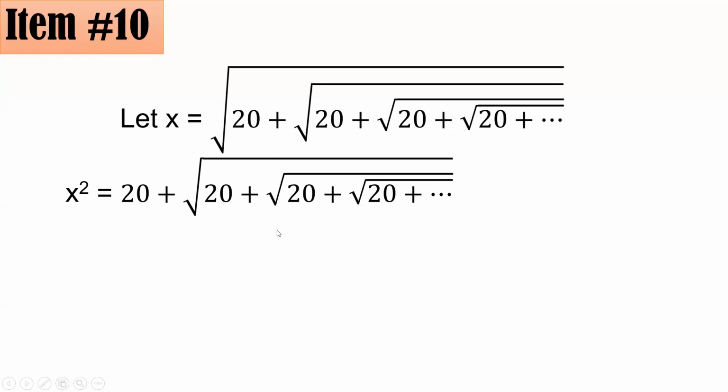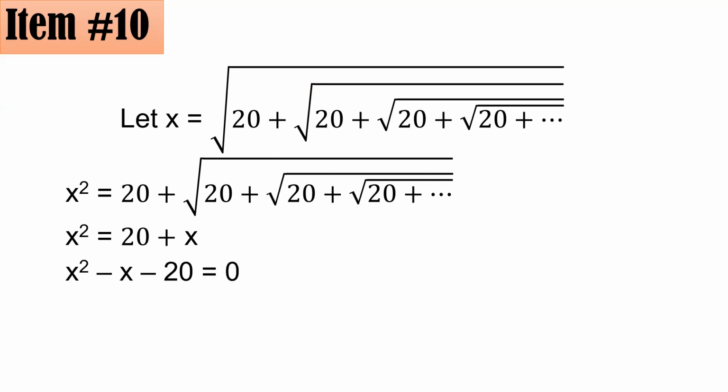Do you agree na x ba ito? Remember, baka nakikita nyo tatlo lang ito, but no, this is infinite po. That's why this radical here, after the plus, is actually x. That's why this becomes x squared equals 20 plus x.